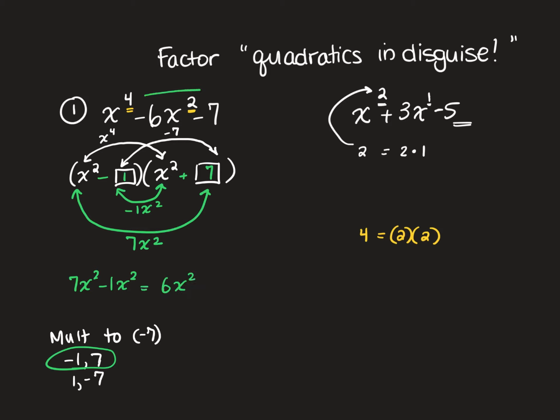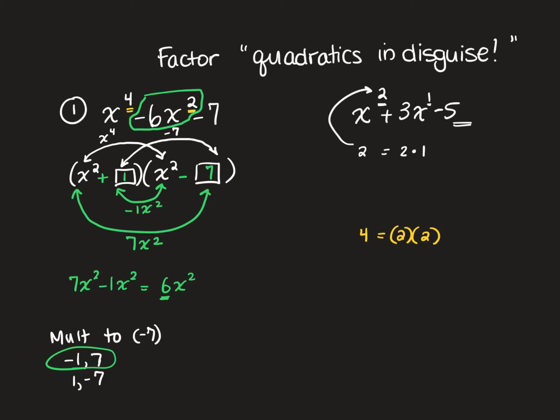But my middle term is actually -6x squared. So I got the right number, but I need the opposite sign. That's a very easy fix. All I have to do is switch the signs on the numbers I chose. So instead of -1 and +7, it's going to be +1 and -7.